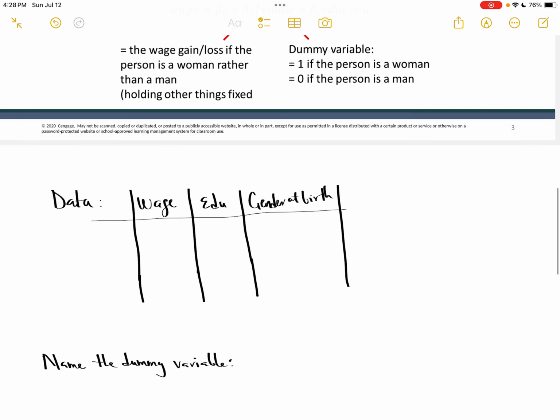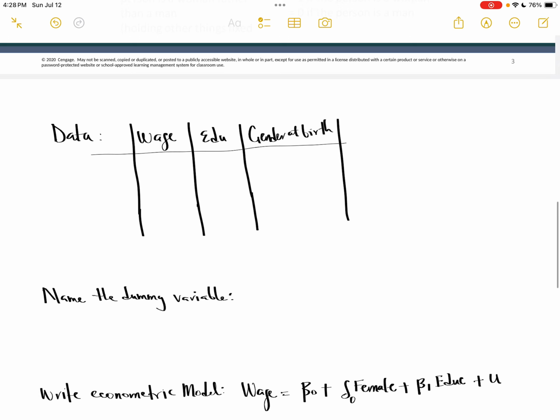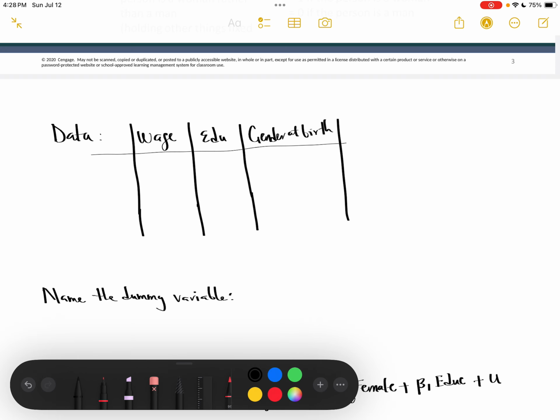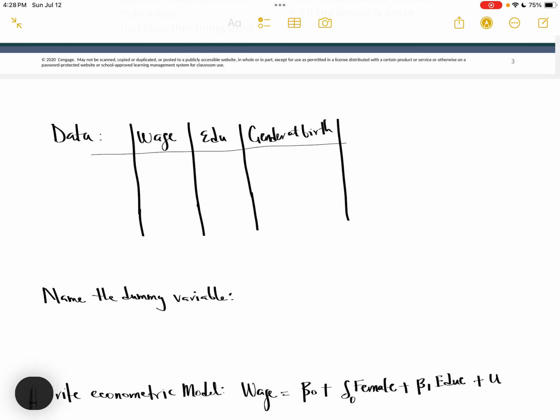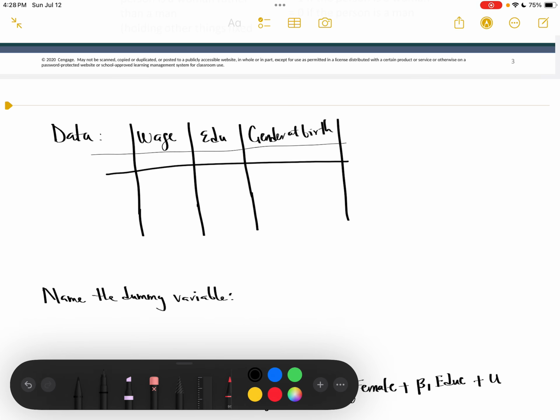All right. So here is a data set. We have wage, education, and gender at birth. Let me add in some useful information so we can get this started.